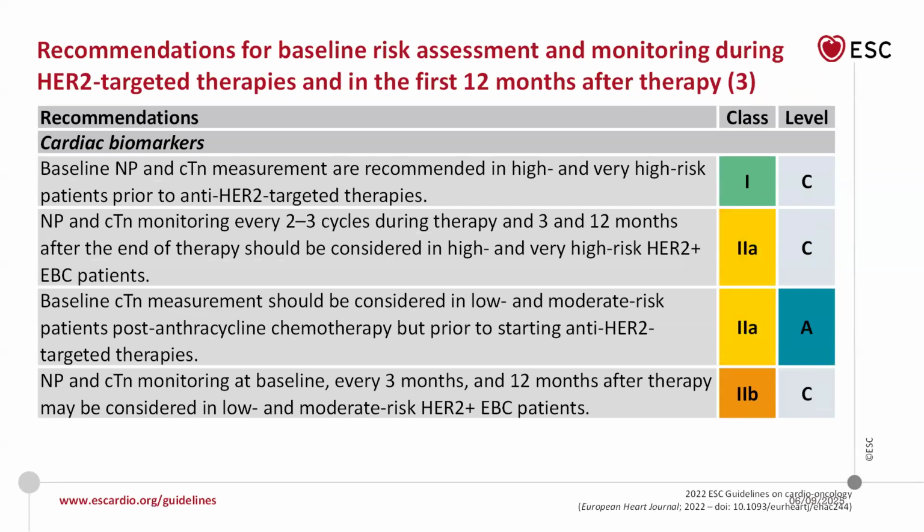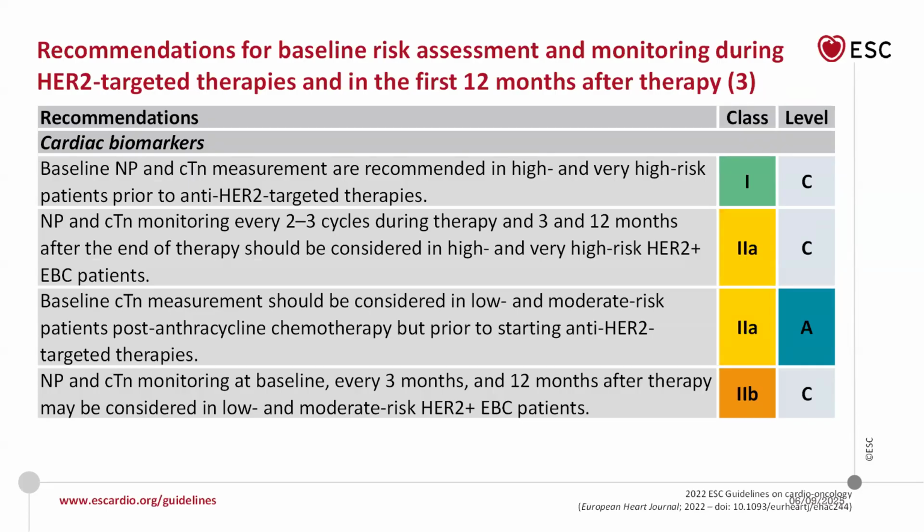So this is the recommendation on the use of cardiac biomarkers for patients on HER2 targeted therapy. So baseline natriuretic peptide and troponin measurements are recommended in high and very high risk patients prior to the anti-HER2 targeted therapies.